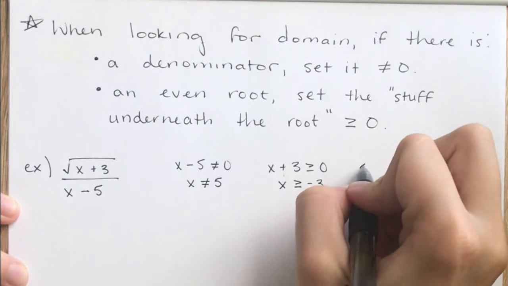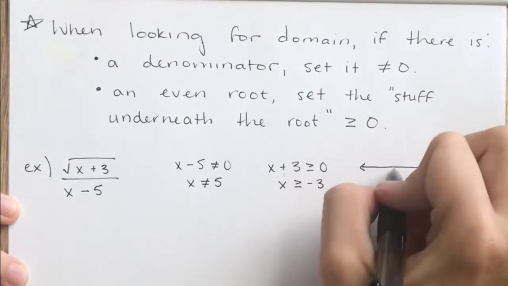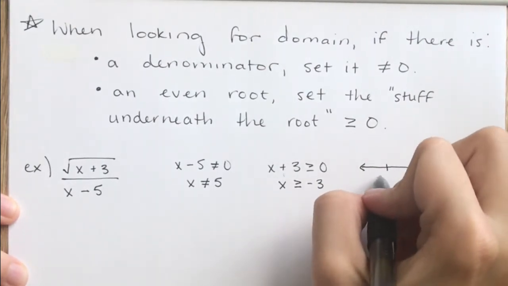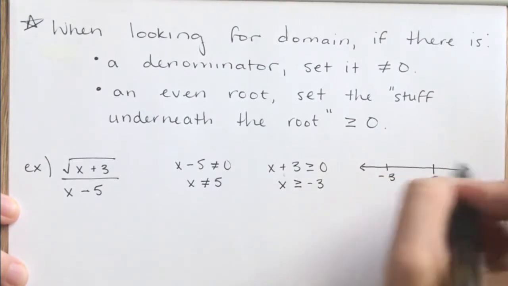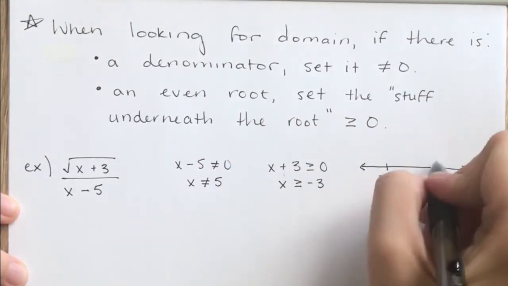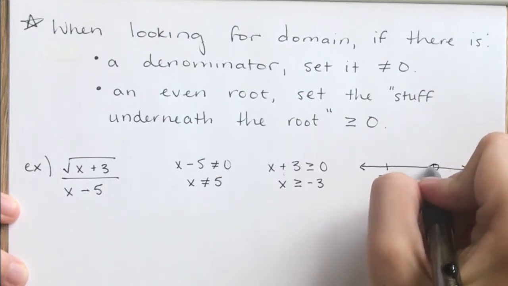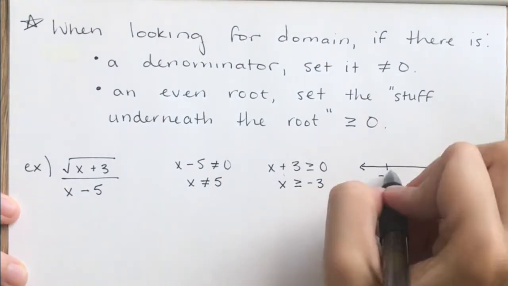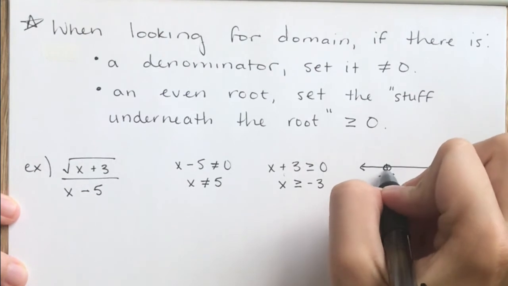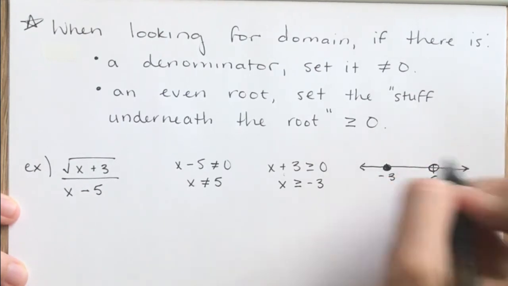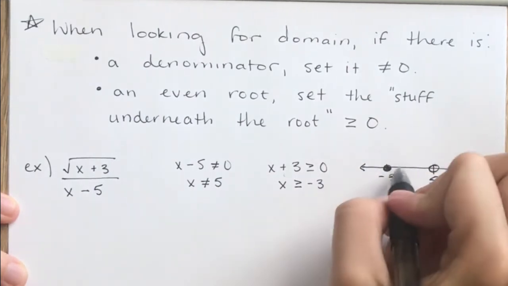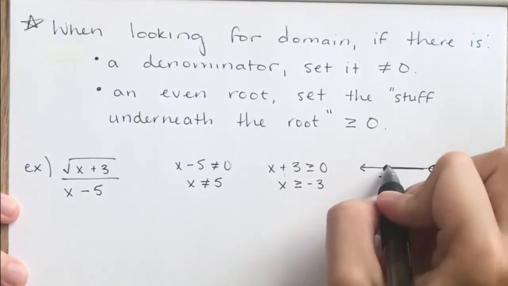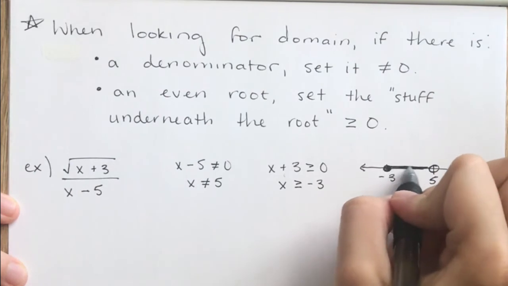This is where the number line comes really in handy. We've got -3 and +5. We know we don't want to be equal to +5, so we'll draw an open point there. We know we're greater than or equal to -3 because we're equal to, we shade it in. We're looking for where we're greater than -3, so we shade in all the stuff greater than -3 except for 5.